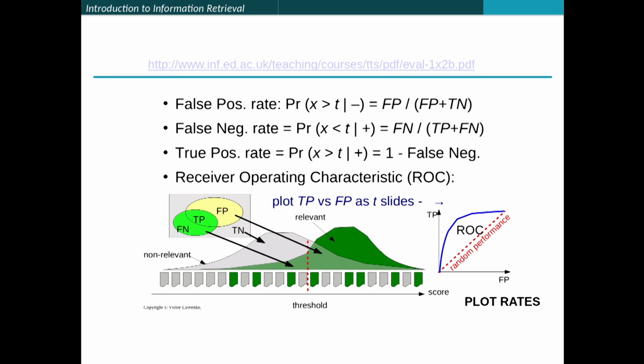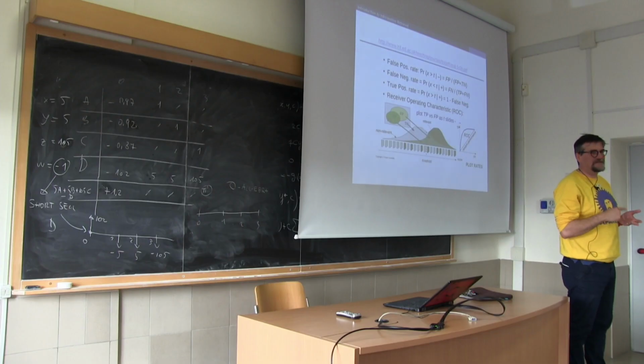Okay. Let's recap what happened up to now. First, we said how to evaluate the relevance of a result set. We considered the unranked case. In the unranked case, we discussed precision, recall, and the combined measure F. And we also discussed why accuracy is not a good idea.